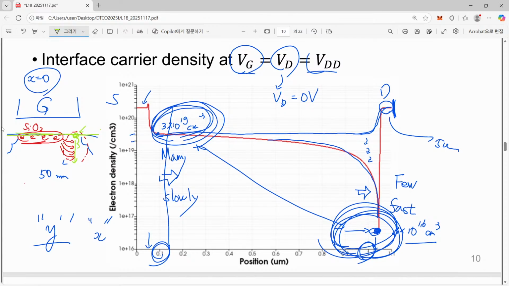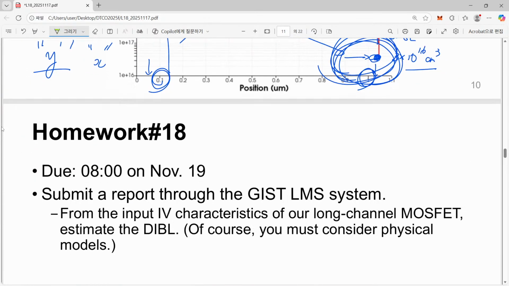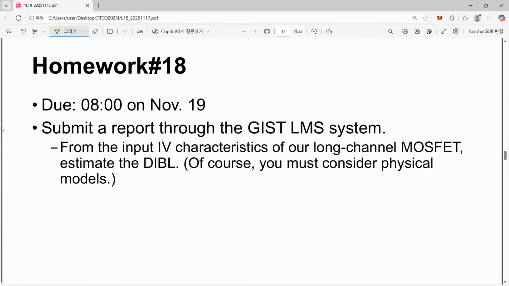Okay. Anyway, now let's go to homework 18. Homework 18 is only related to the long channel MOSFET. From now on, we'll talk about the short channel MOSFET, but I'll leave it for your later homework exercises, because there are a lot of things you have to do right now, even with this long channel MOSFET.